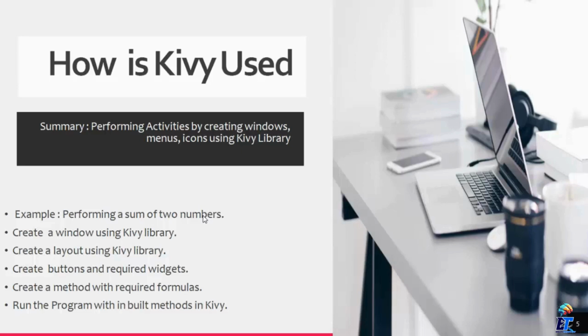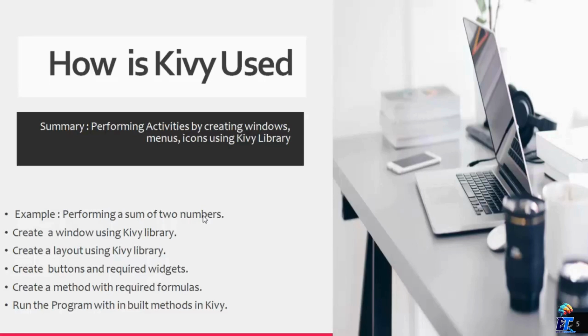A method is used to make sure that we are running the program by running this method. Then at the end we'll run the program with the inbuilt method that is there in the Kivy library. The method name is run, which I am going to teach you in the coming tutorials.